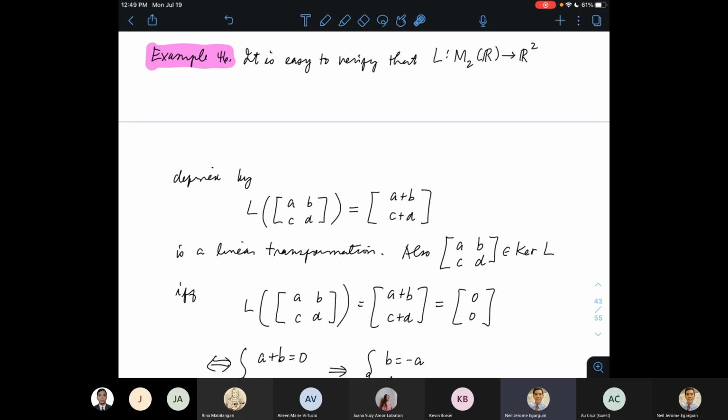Probably 5, 6, or not 5, kasi may homework 5 na. 6, 7, or 8. Okay lang ba yun? If we lessen it to that, magiging 7 homeworks na lang siya. 7 or 8. Actually, I can even go down to 6. What do you guys think?